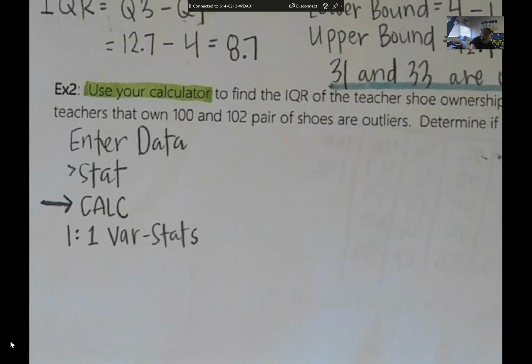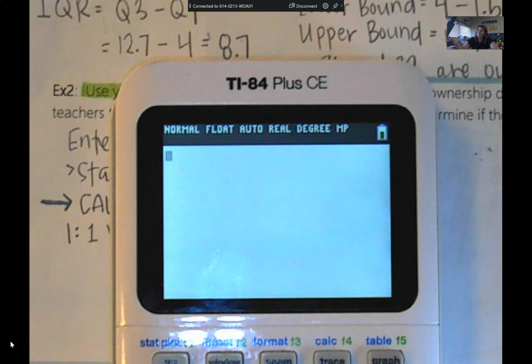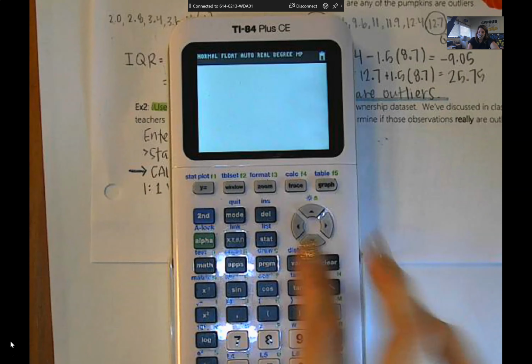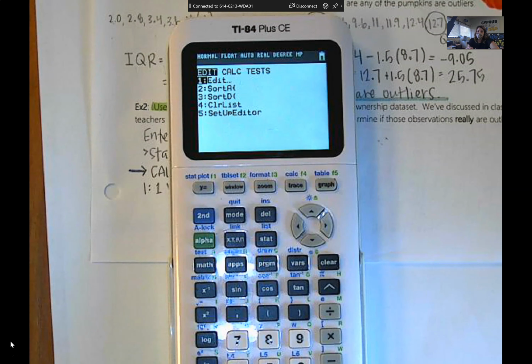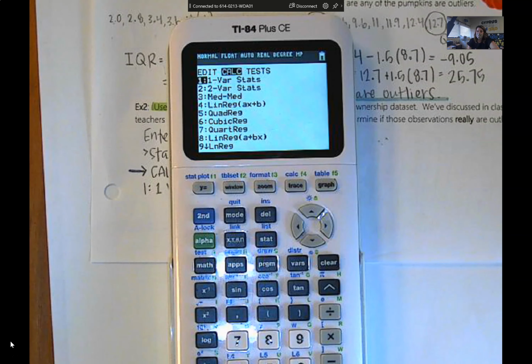So we are going to go to our calculator, and it doesn't matter what screen you're on. We're going to hit Stat, next to the circle of arrows. We're going to arrow over to Calc, and hit the number 1 or Enter.